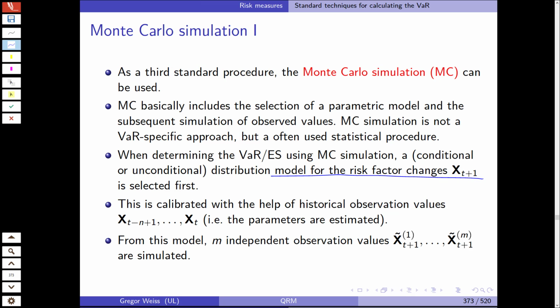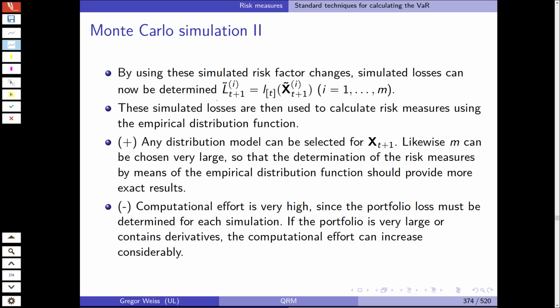They don't need to come from the same distributional family, but you can choose, for example, a normal distribution for x1, a t-distribution for x2, and so on. Then you simulate m independent observations from these assumed distributions. You plug them into your loss operator, you again get simulated losses, and then you do the same as in historical simulation. You take the empirical distribution function.